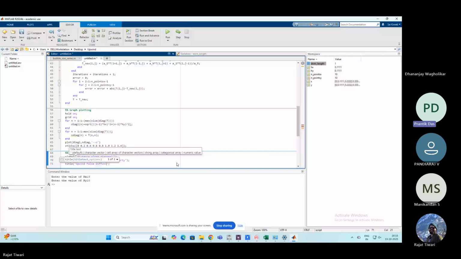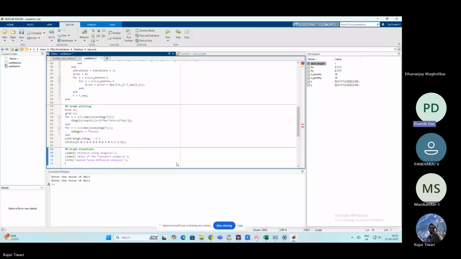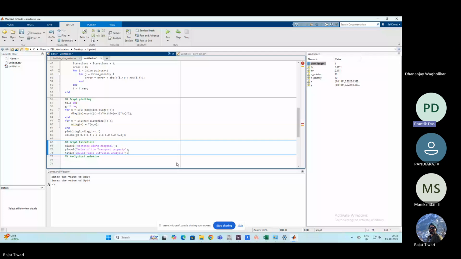Then the analytical solution has to be put, which is your step input solution. X goes up to 1.4 because the whole length is 1.414.